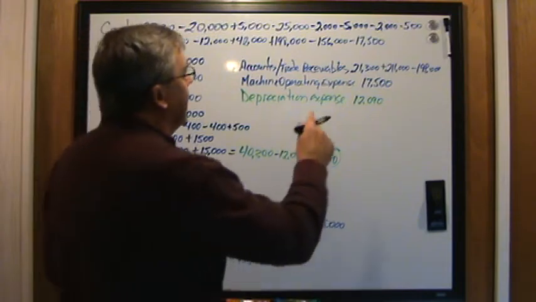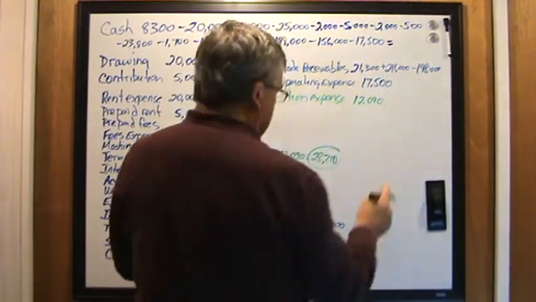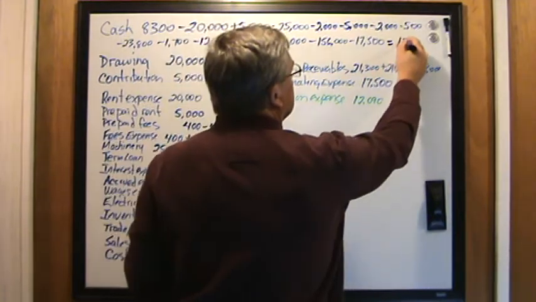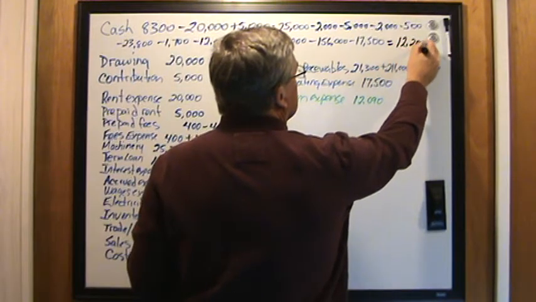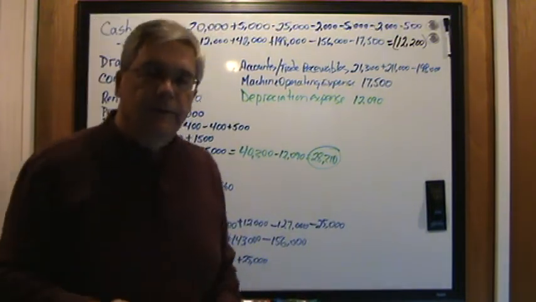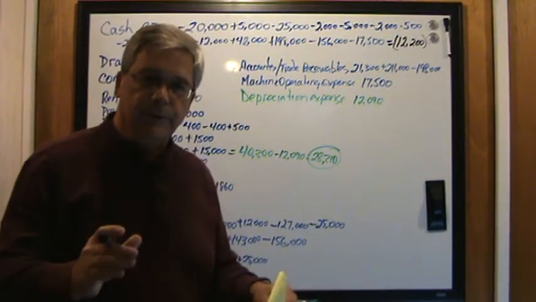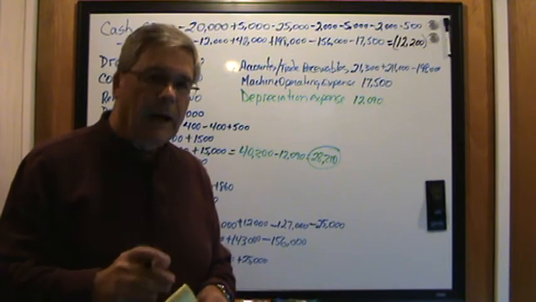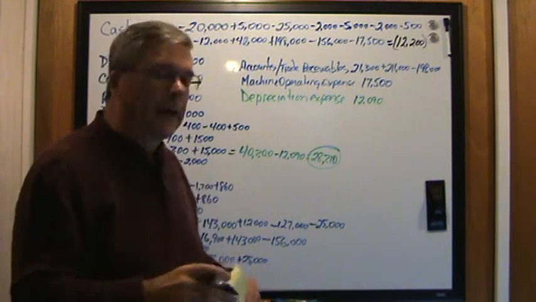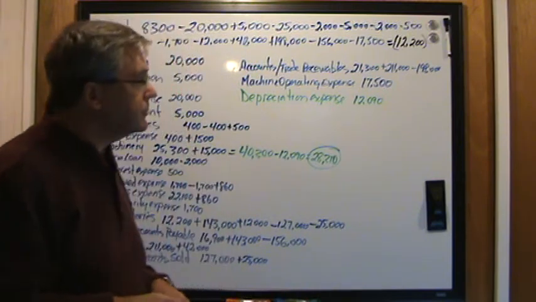So the cash ends up being a negative $12,200. You cannot have negative cash in a business. If you do, you're done. You have to pay the bills, or you get forced out of business and through bankruptcy or some other procedure.